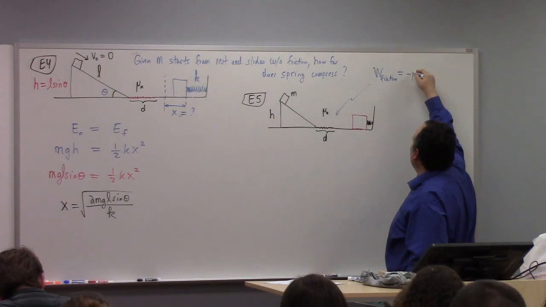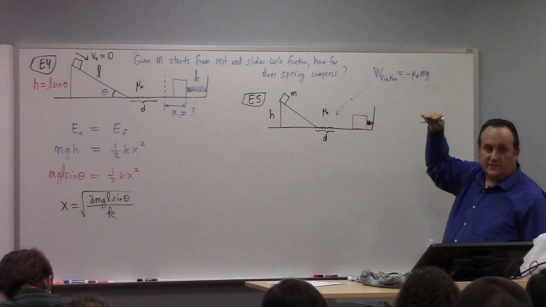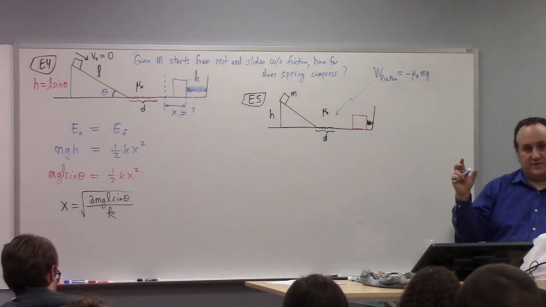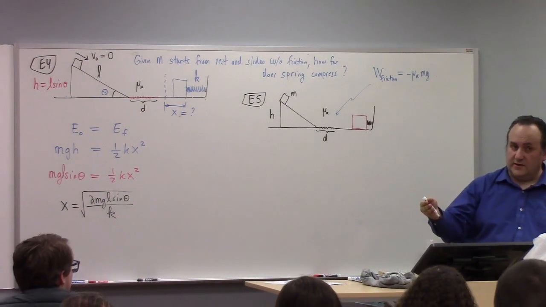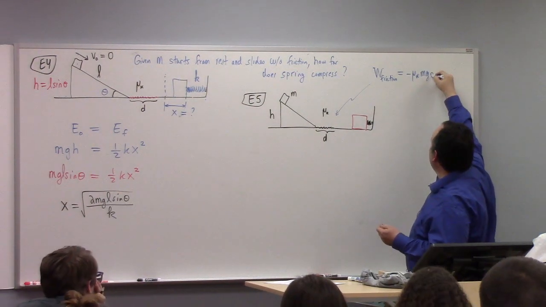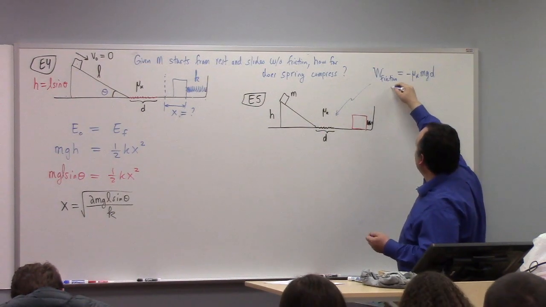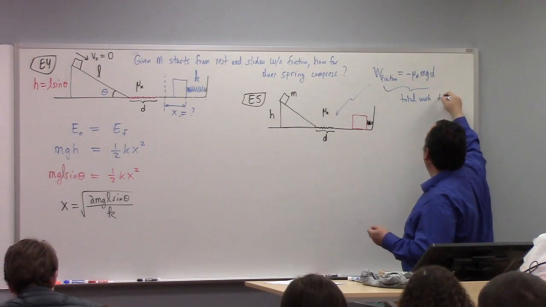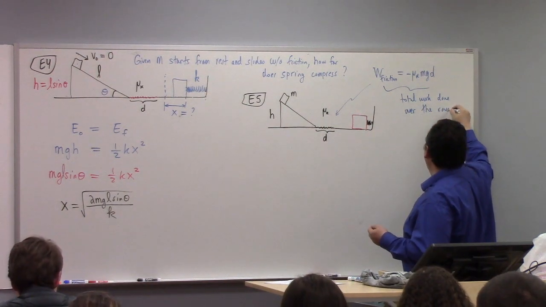Minus mu k mg, right? That's the normal force here, because there's nothing else. So the normal force is the weight. The weight times the coefficient of friction gives me the friction force. Remember, friction does negative work. We worked that out, right? So it would be this times d. This is the total work done over the rough patch, all right?